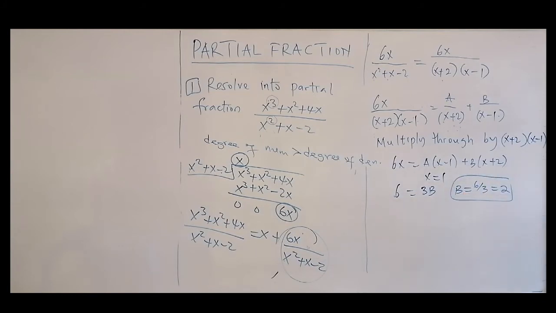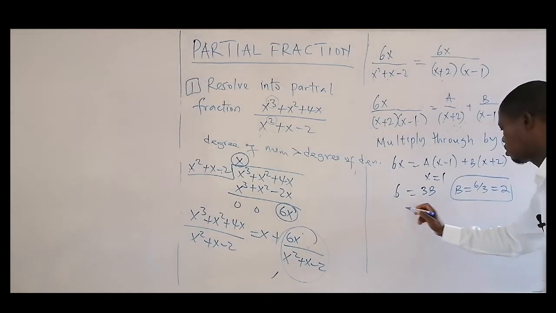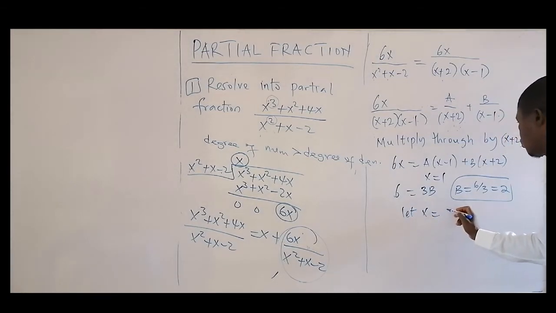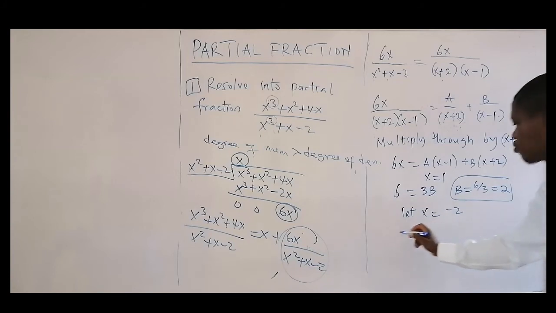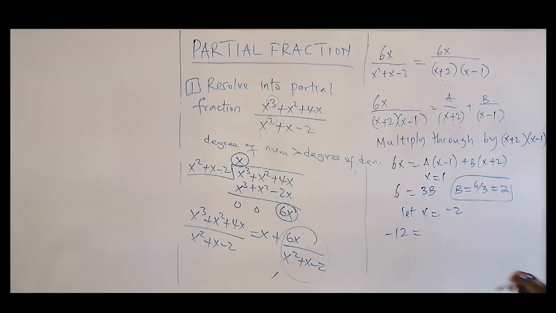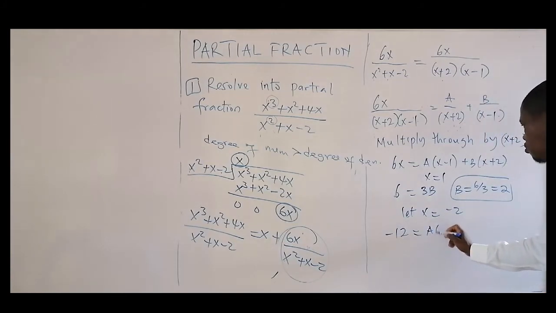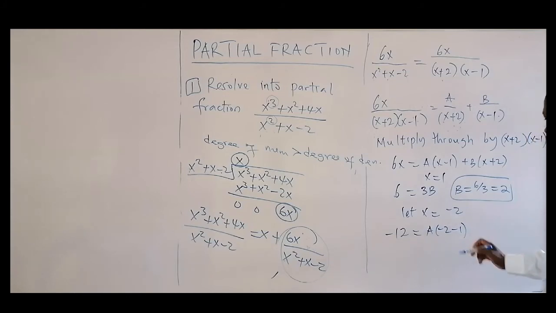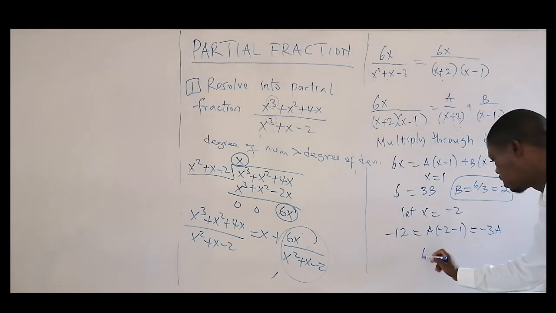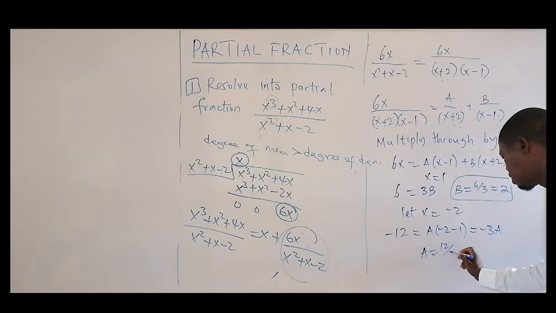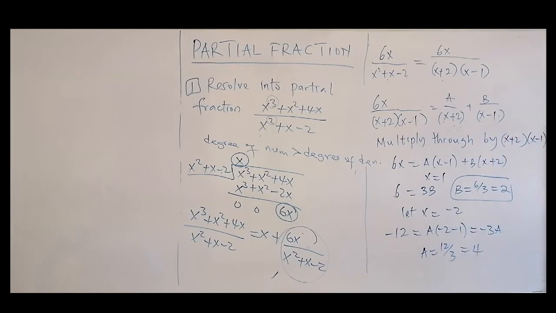Then another thing we can do again: let x be equal to minus 2. That will be minus 12 equal to A into bracket minus 2 minus 1, which is minus 3A. Minus 3A, so the minus signs cancel. A will be equal to 12 over 3, and that's 4.